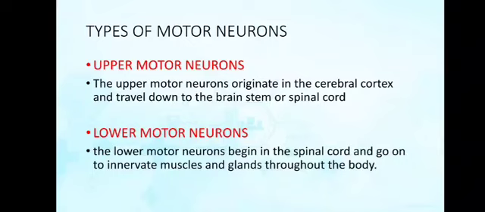So, what is a lower motor neuron? The lower motor neurons begin in the spinal cord and go on to innervate muscles and glands throughout the body. The first portion of the nerve fiber is known as the upper motor neuron, and from the spinal cord, these fibers will reach the muscles and glands. That portion is known as the lower motor neuron.